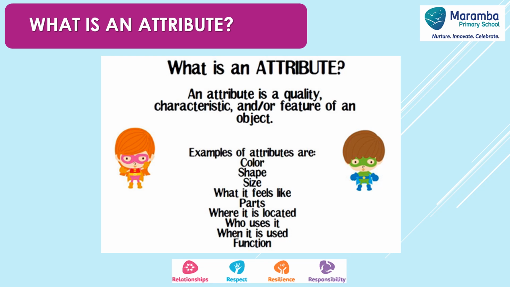We can also look at what something feels like, perhaps its parts, whereabouts it might be located, who uses it, or when it is used and what it is used for, so its function. So for example, we could talk about knives and forks. Knives and forks are cutlery, and they are used when we are eating.